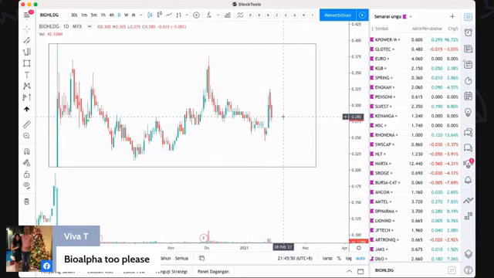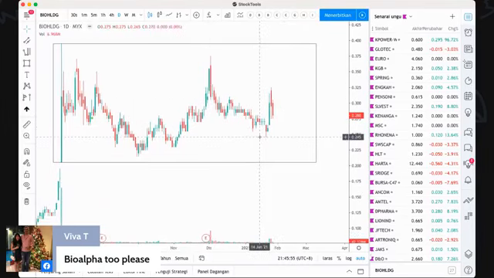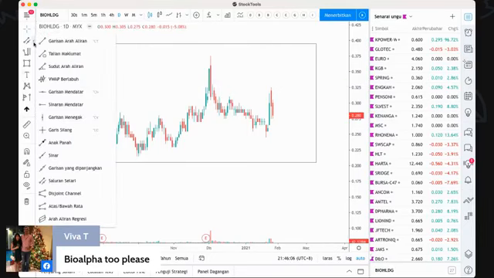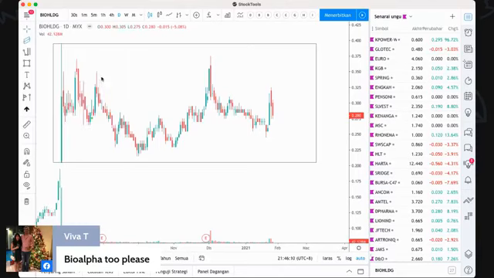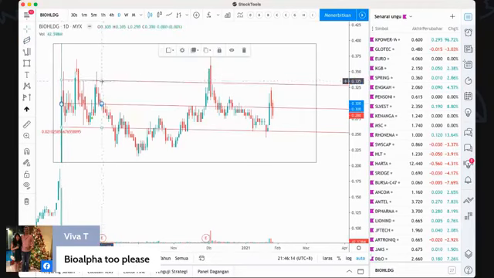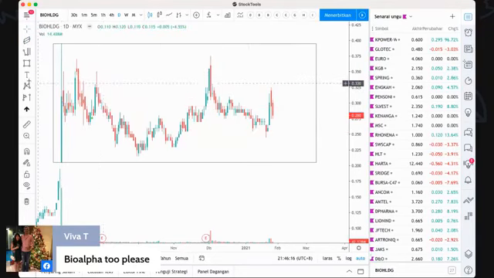To be honest, this counter is ranging sideways. And if you look at the smaller chunks of trend, you can see an uptrend, downtrend, uptrend, downtrend. So maybe I draw it first.